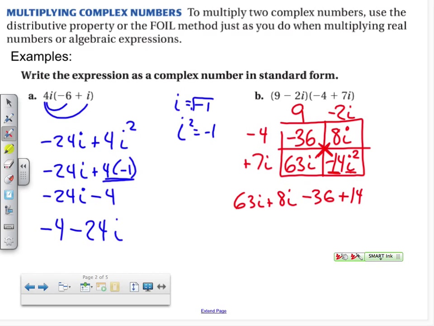And combine like terms, remembering to put the real component first. Negative 36 plus 14 is negative 22 plus 71i. So there's our number in standard form. It's the same thing that we've been doing with FOILing through with x. The only difference now is when we have i squared, we're substituting negative 1 in for it.